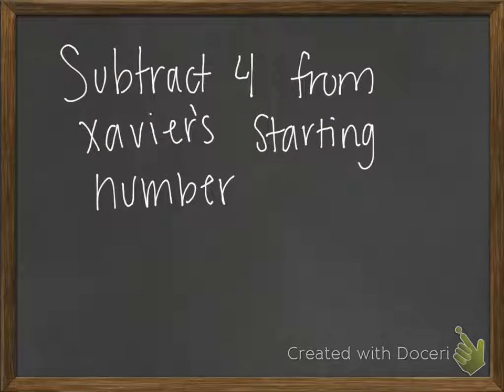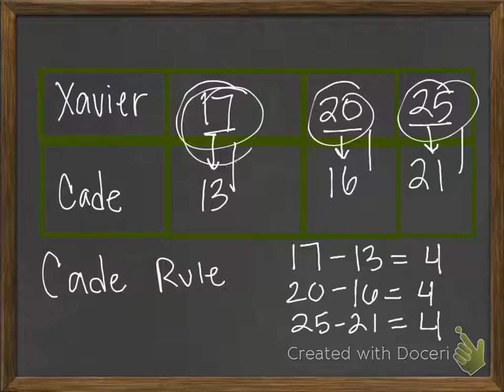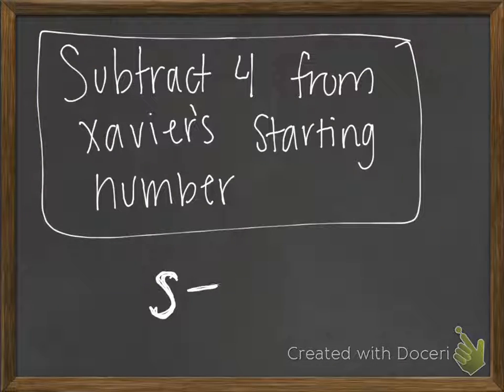Another way I can say this, subtracting 4 from Xavier's starting number, is I can say S, because S stands for my starting number. What did I do with the starting number every time? If 17 was my starting number, what did I do to get down here to the 13? I subtracted, I minus 4.